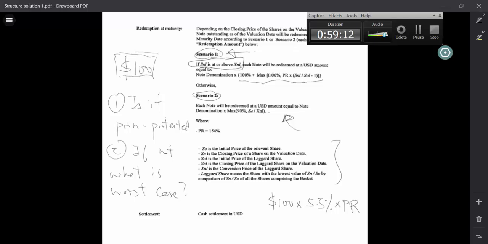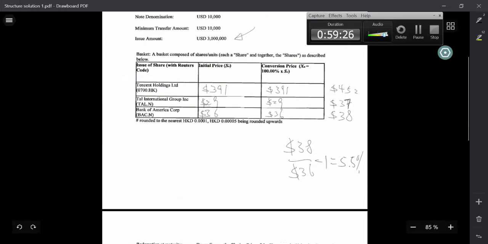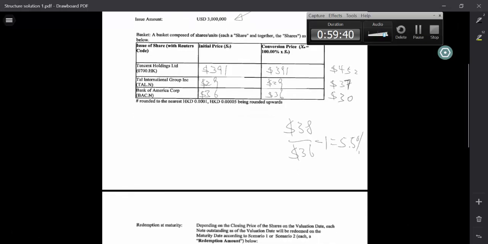Scenario two is when you look at the worst performing stock, and the worst performing stock did not go up. So let's say I now change the BOA. BOA didn't go up, BOA went down to 30. So BOA is still the worst performing stock, but unfortunately now BOA has gone down.